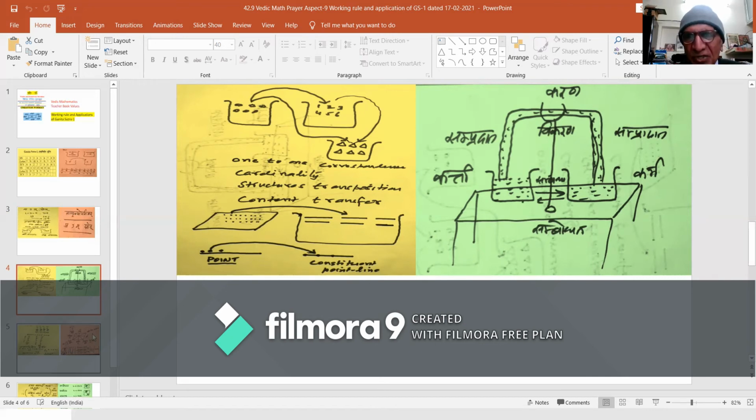It is this feature, this reach of this rule, which will sequentially take us to the transfer of the structures.